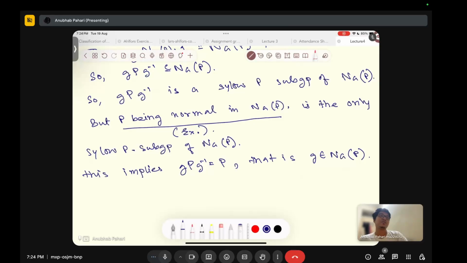You guys are masters, like you have completed BSc? Yes, sir, I have just completed my master's three months ago, and now I am preparing for CSIR NET. I'm just doing this course side by side.